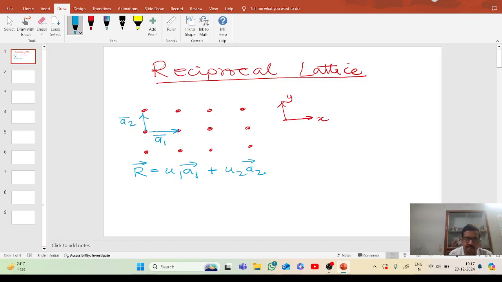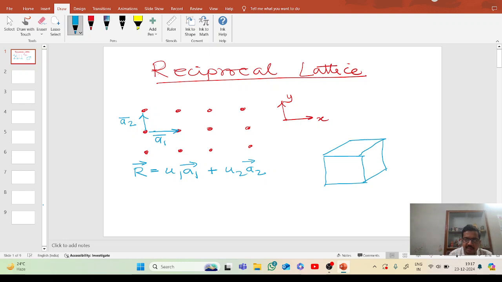Now in a Bravais unit or unit lattice in a three-dimensional space, when the lattice is orthogonal in nature, that is all the axes are mutually perpendicular, might be like this.